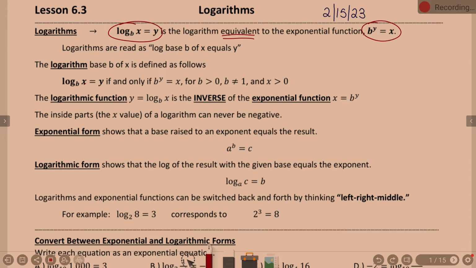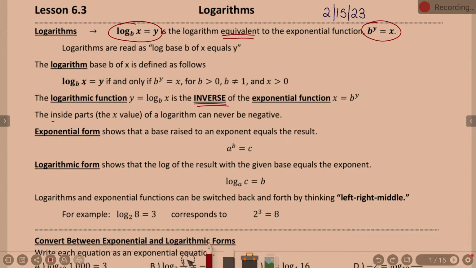I already mentioned several of these things. The logarithmic function is the inverse of the exponential function. I think it's in 6.4 that we learn to graph logarithmic functions, and I'll remind you how they reflect along the y equals x line.